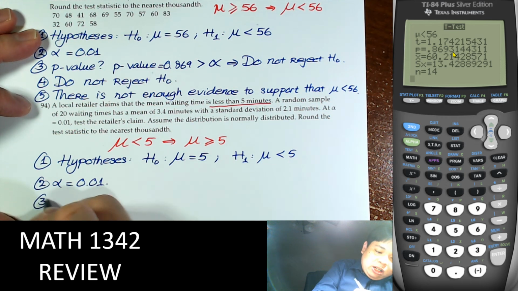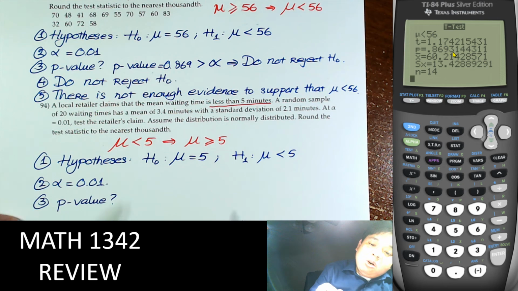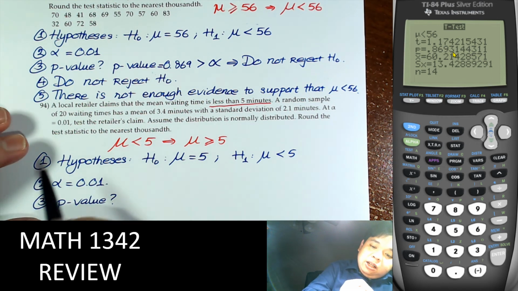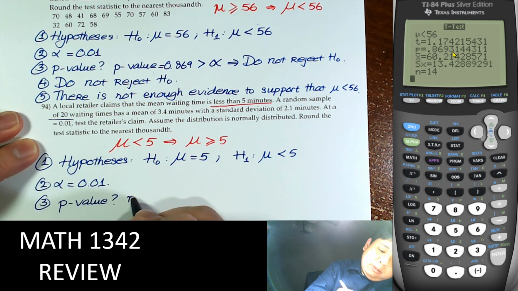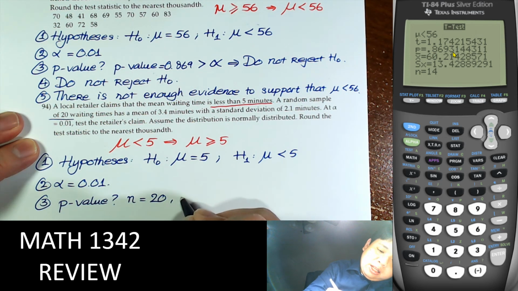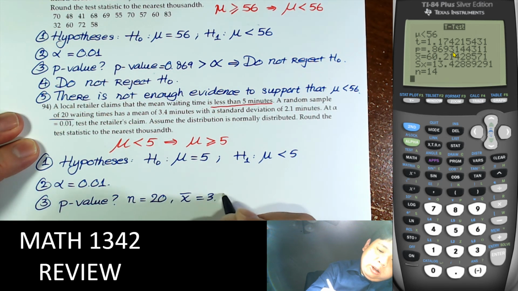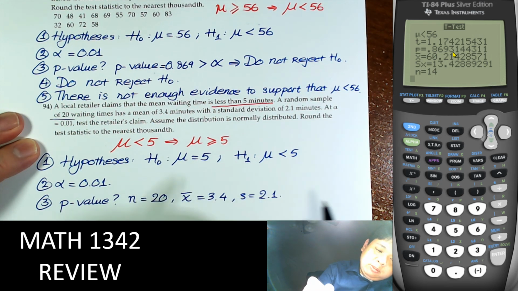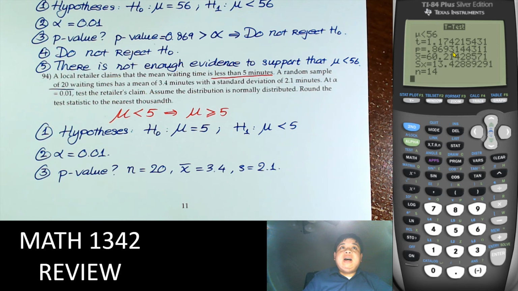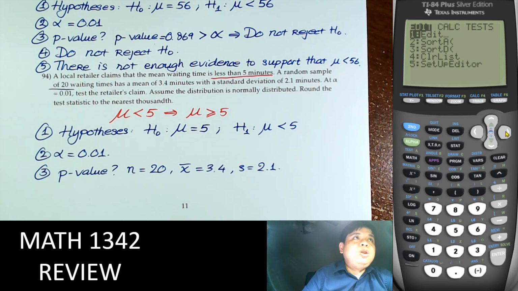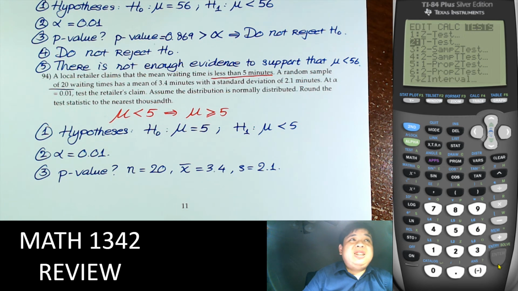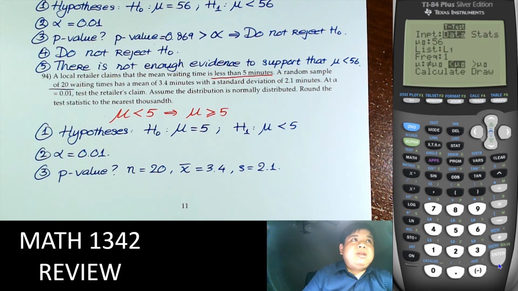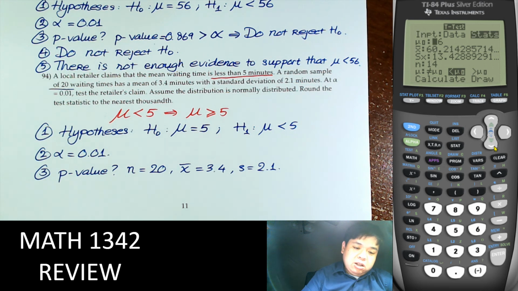Now we calculate the p-value based on the information here: a sample of 20 has a mean of 3.4 and a standard deviation of 2.1. For the population mean, that is the t-test. This time we have the statistics. First let's look at the hypothesis.